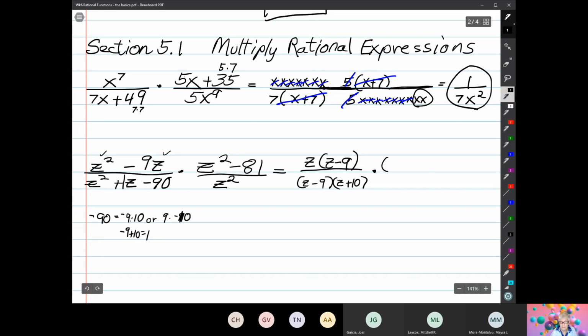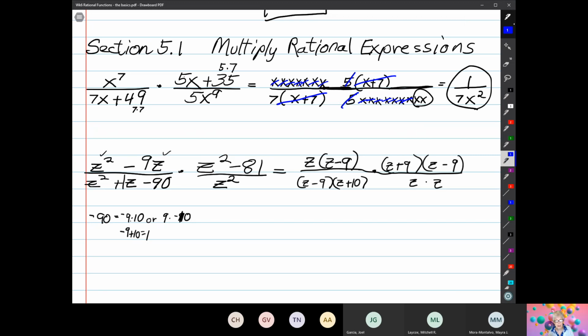So I'll have z plus 9 times z minus 9 over z squared, which is z times z. And now I'm ready to cancel, or you can go ahead and connect and then cancel. Whatever makes you happy.